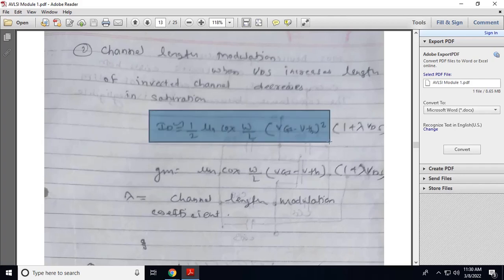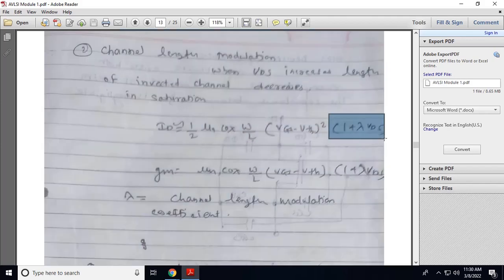It is given by the equation of ID. ID in the saturation region is equal to 1 by 2 mu n Cox W by L (VGS minus VTH) squared. This is the equation of ID in the saturation region without channel length modulation effect. When you consider the channel length modulation effect, you can add 1 plus lambda VDS.